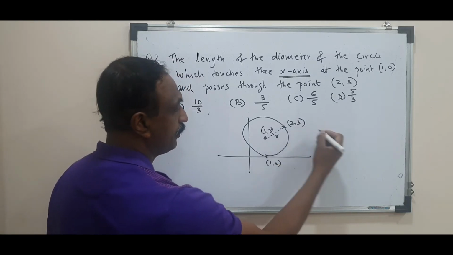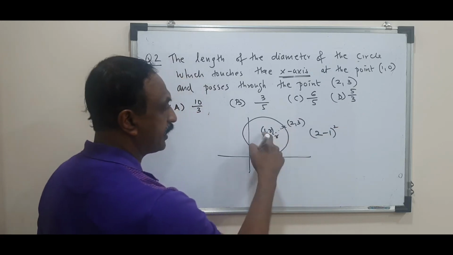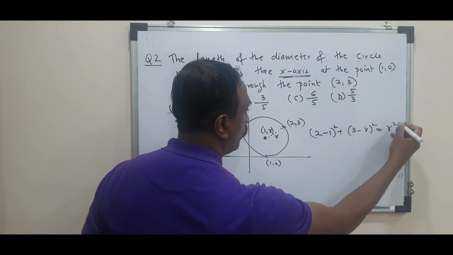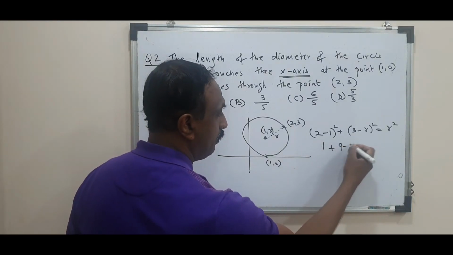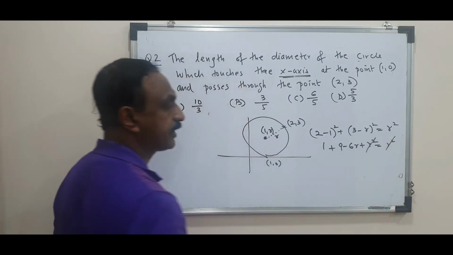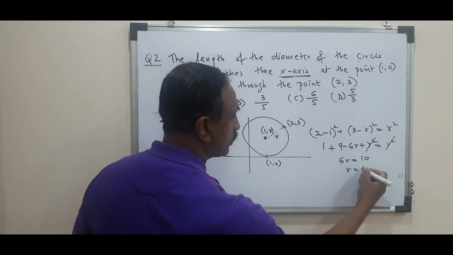So (2 minus 1) the whole square plus (3 minus r) the whole square should be equal to r square. The same problem as the previous. So 1 plus 9 minus 6r plus r square is equal to r square. r square and r square get cancelled. So 6r is equal to 10.